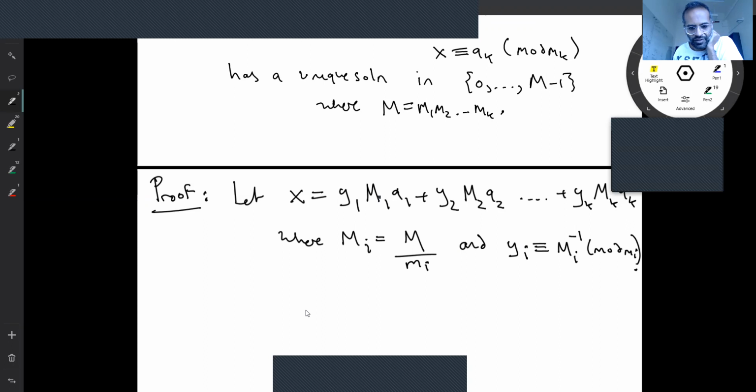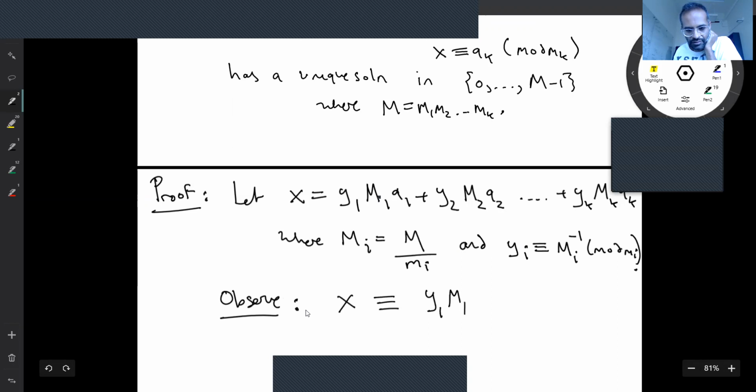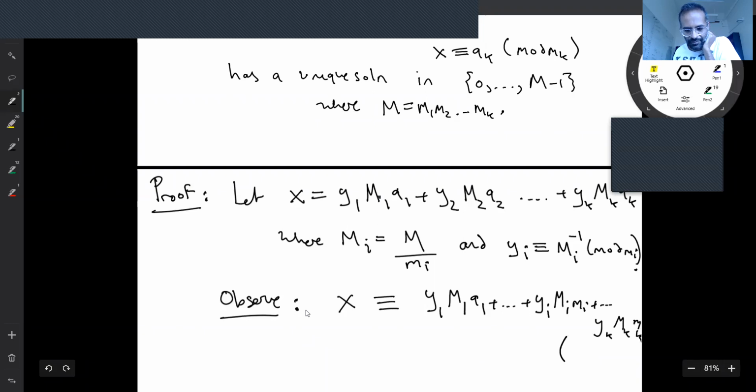Okay, so now what's the key point? So observe that x is congruent to this whole thing, and then there's a particular term in here, the ith term, and x is congruent to this number modulo mi.